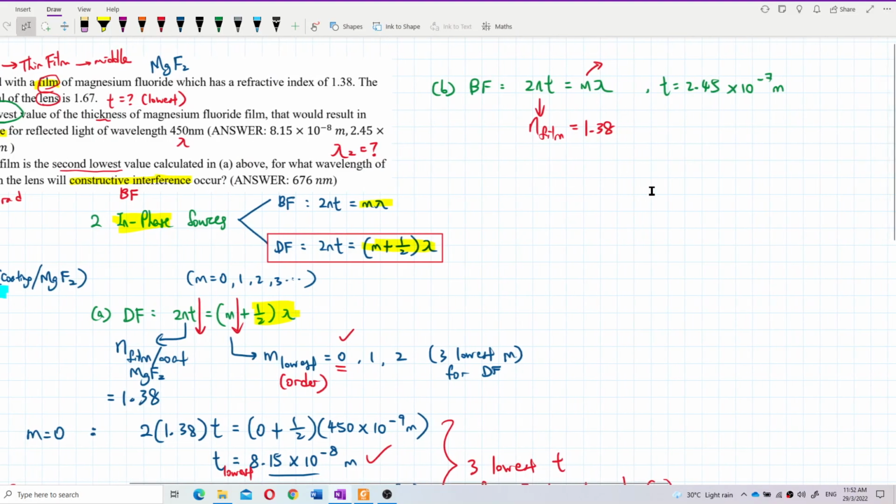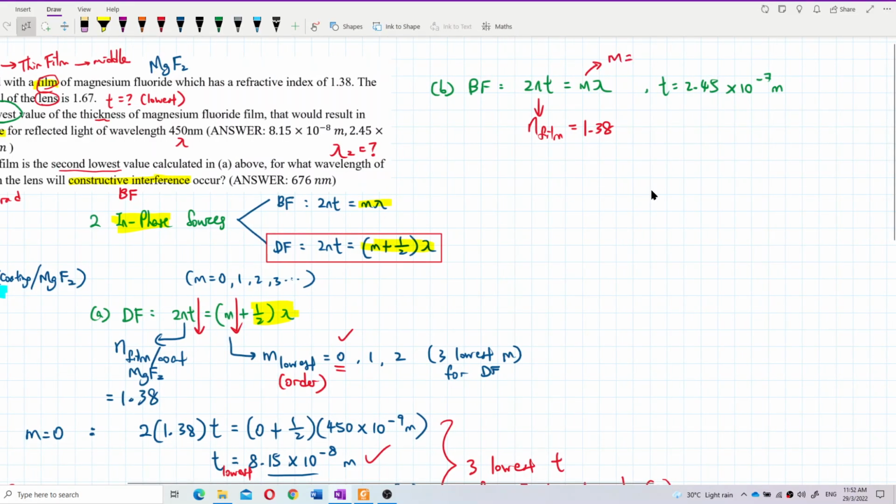Why can M not equal 0? Because the thickness cannot be 0. If M equals 0, the thickness of the film becomes 0.